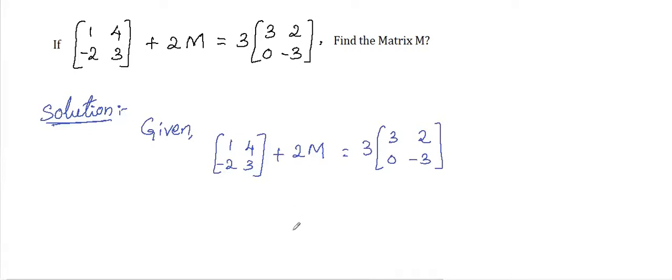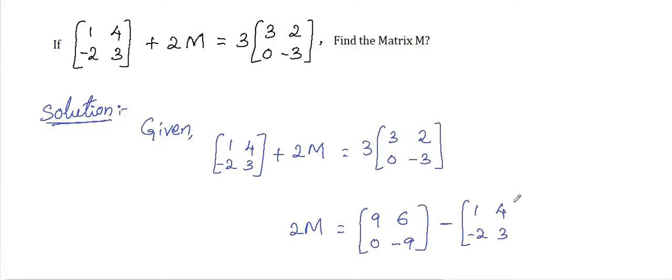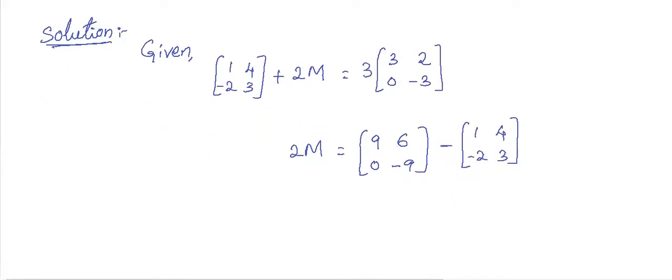For that, move this matrix [1, 4; -2, 3] to the right hand side and also distribute the right hand side matrix, which means we just need to multiply the whole matrix by 3. So we'll get [9, 6; 0, -9] minus [1, 4; -2, 3].